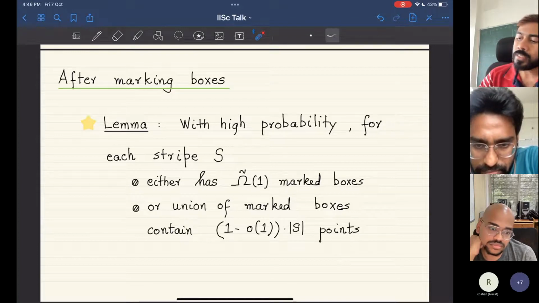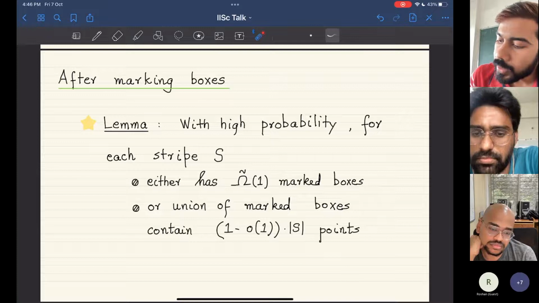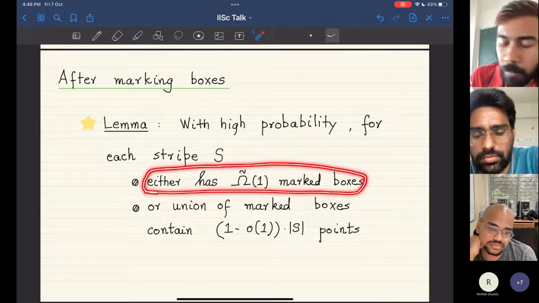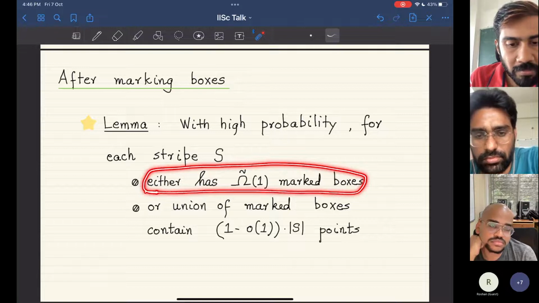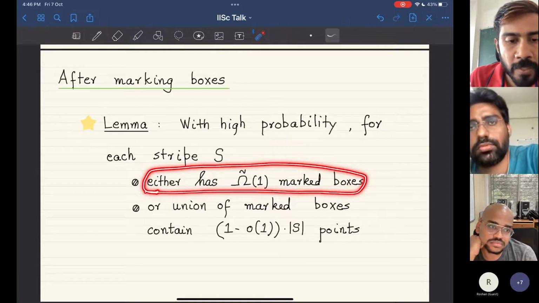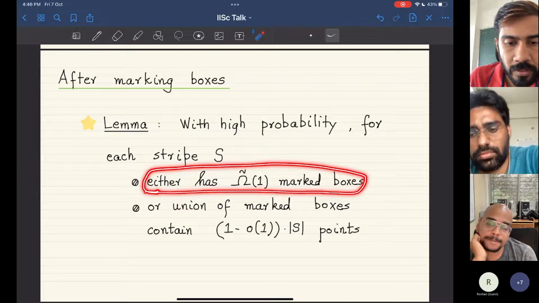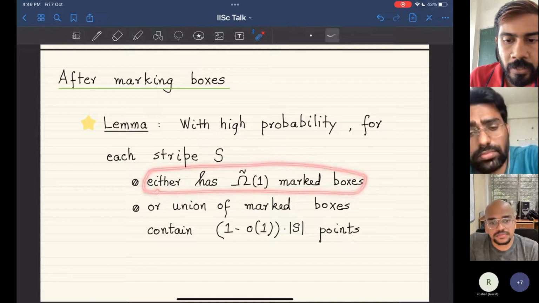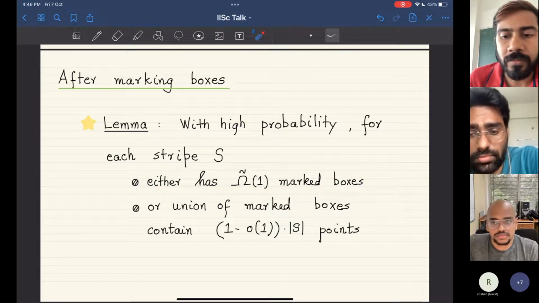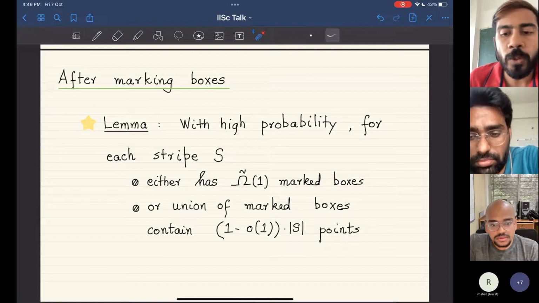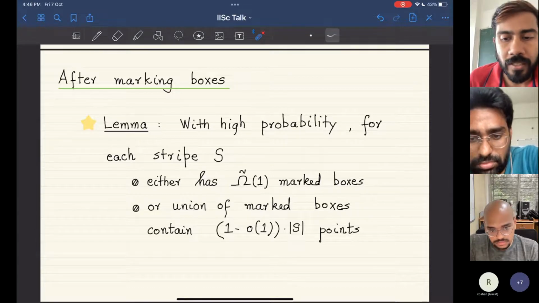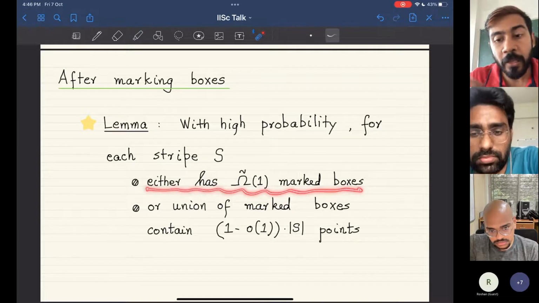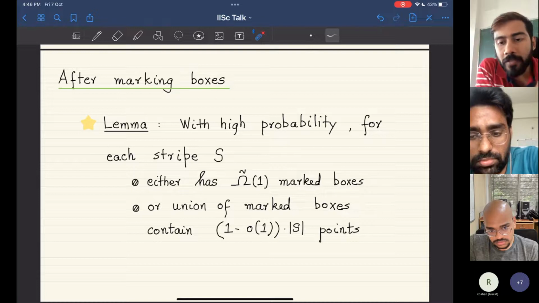Now, what does this tell us? Firstly, there cannot be too many stripes with polylog n marked boxes. There are at most m stripes, and we are marking roughly Õ(m) boxes. So there cannot be too many stripes with a lot of marked boxes. That number will be small.